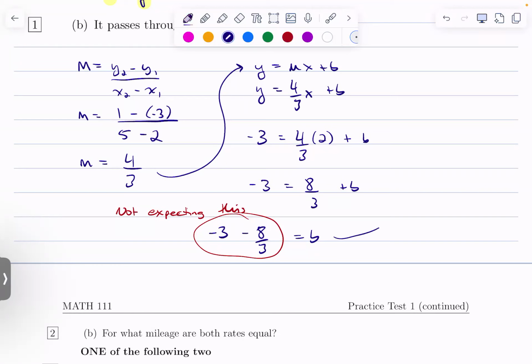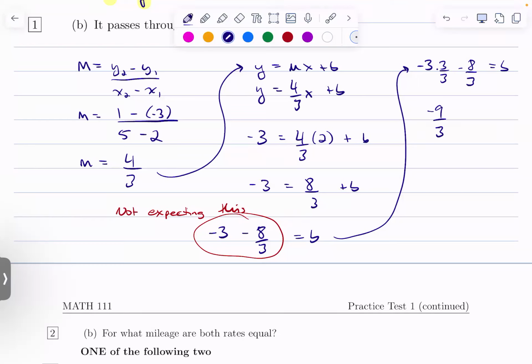That's okay. What do you have to do? Combine fractions, or subtract two fractions. I need a common denominator, which means that I need -3 times 3/3 minus 8/3 is equal to b. -3 times 3 is -9/3, which should simplify to -3.